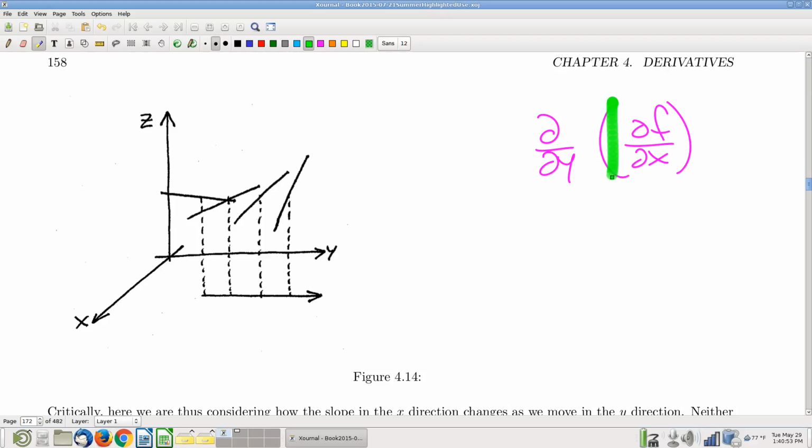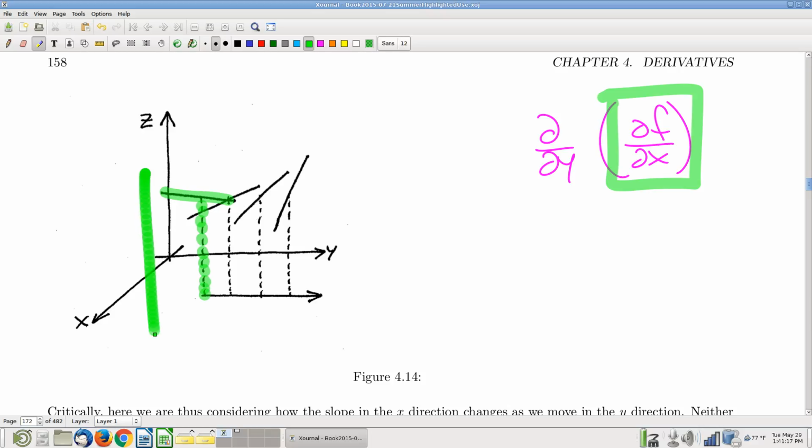And these first derivatives I'm going to interpret as slopes of cross-sections. So here I've attempted to draw, for example, let's say this is a tangent line. Use your imagination. This is a tangent line in a plane parallel to the x-axis.